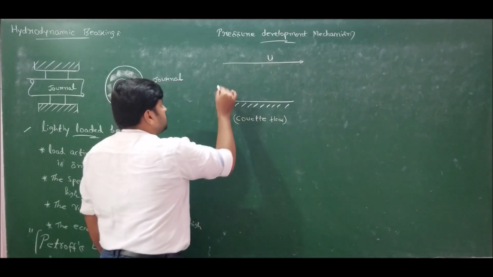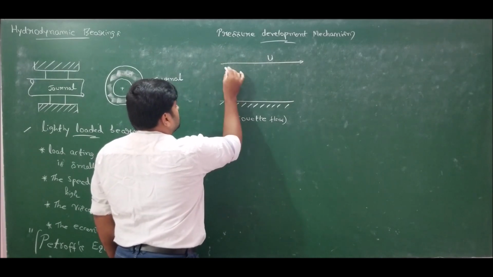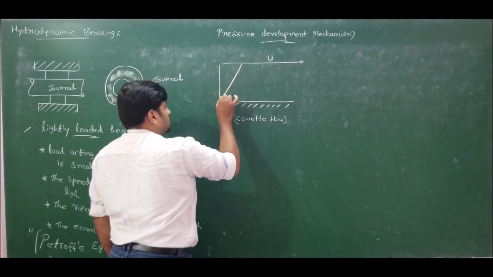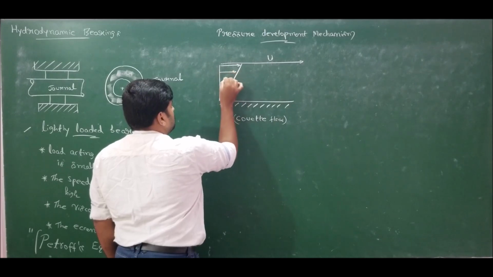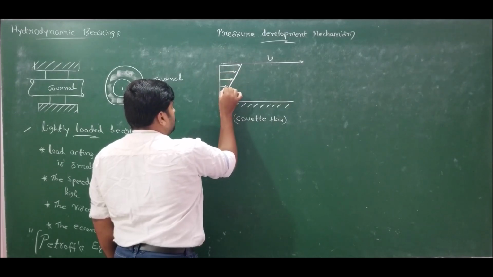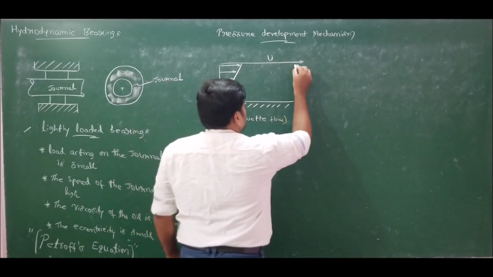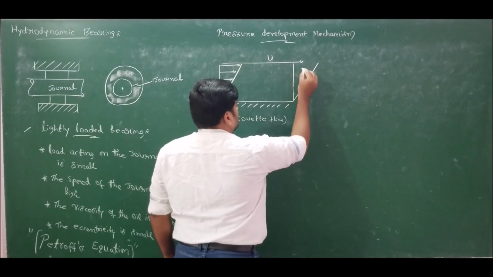If I draw the velocity profile, I will get a linear profile like this. The velocity is maximum at the top surface and 0 at the bottom surface, because the bottom surface is fixed, right? So here also I will get the same profile, correct?